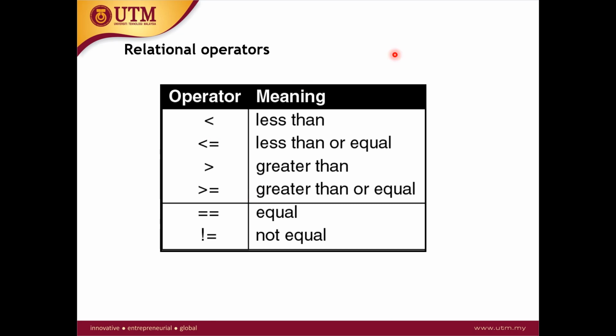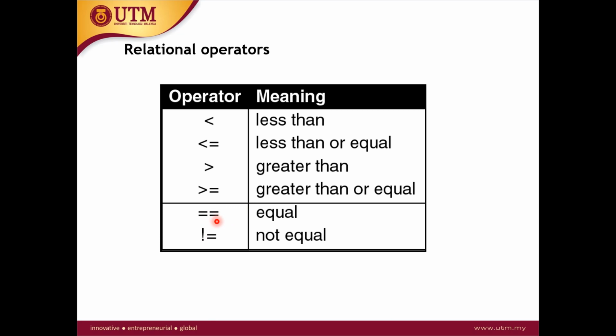The relational operators: we've got those operators in programming languages, so let's say what they mean. So this is the less than. For example, if this value is less than this one, if this value is less than or equal to this one, if this value is greater than this one, if this value is greater than or equal to this one, if this value equals this value, if this value is not equal to this value.